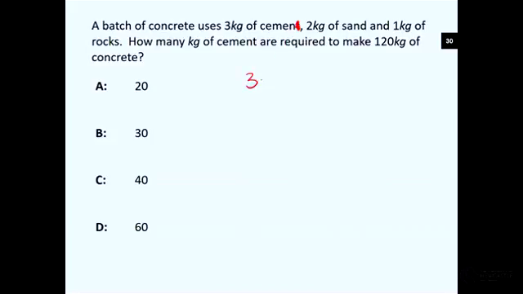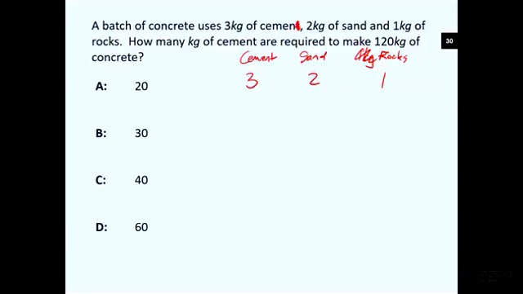Shocker. 3 kilos of cement, 2 kilos of sand, and 1 kilo of rocks. The semen question gives the answer where it's the D. That's horrendous. Okay, glad I brought it up.